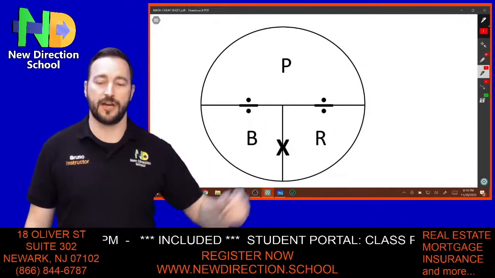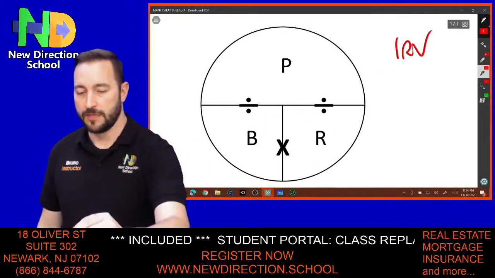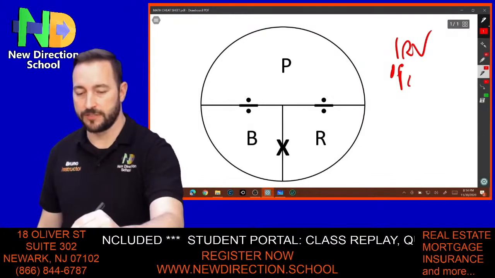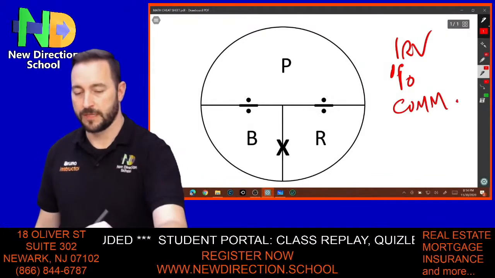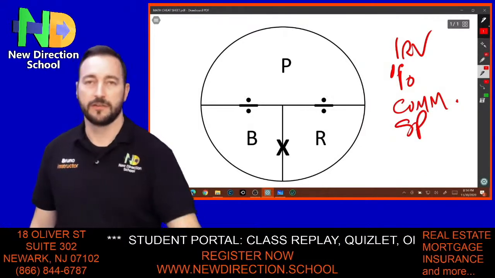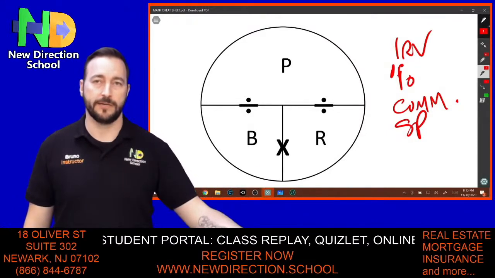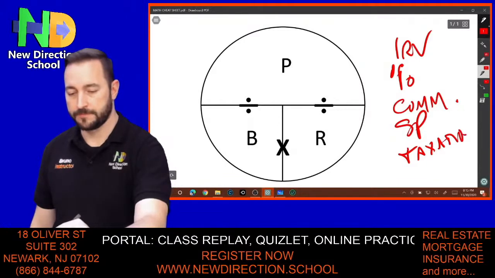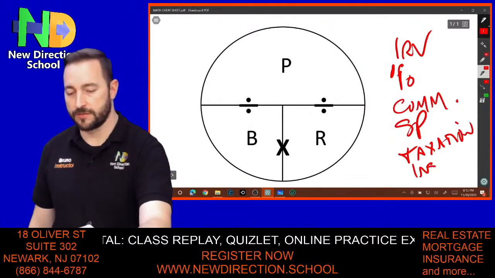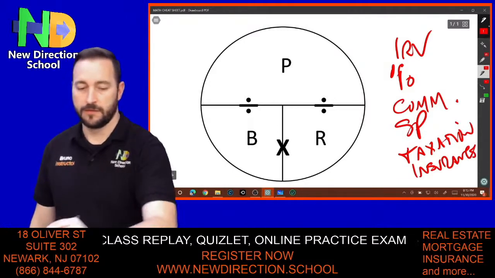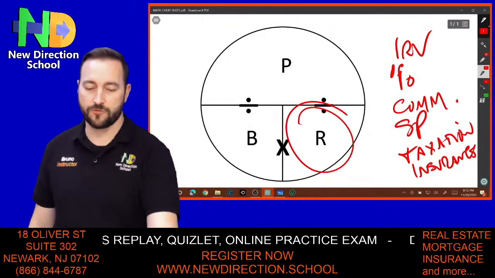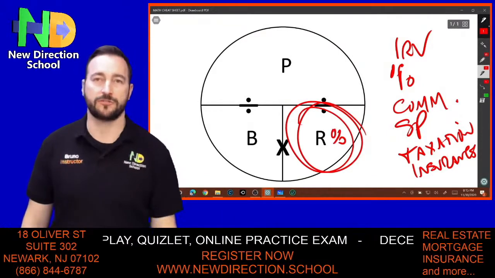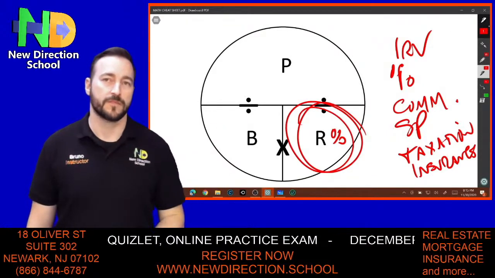So it works for the IRV formula. It works for percentages, commission, sales price questions, taxation, and insurance. Pretty much everything that has a rate or a percentage attached to it. That's what this works for, right?